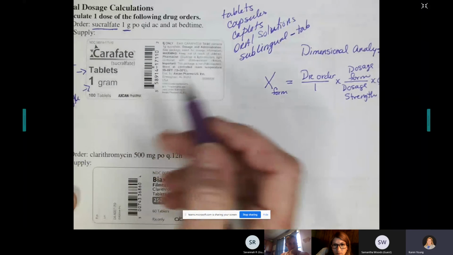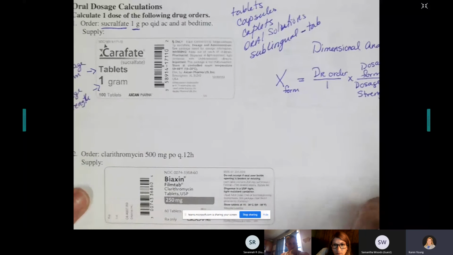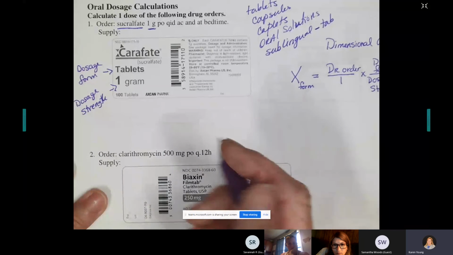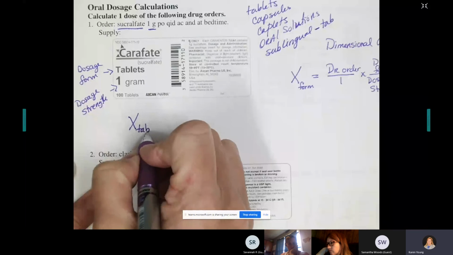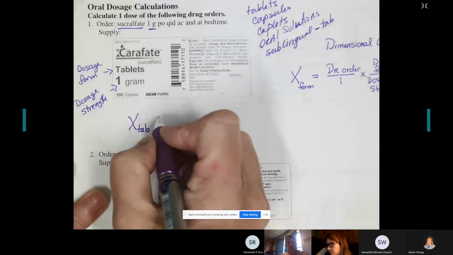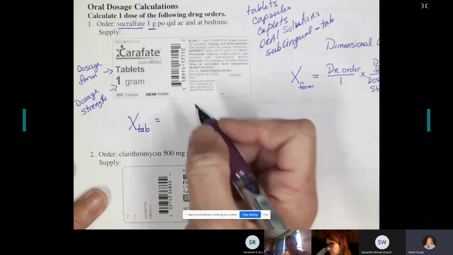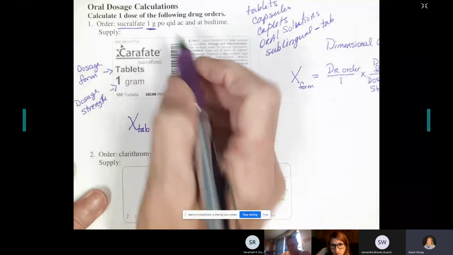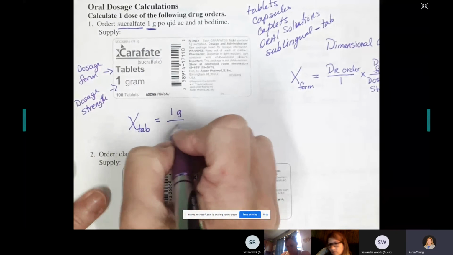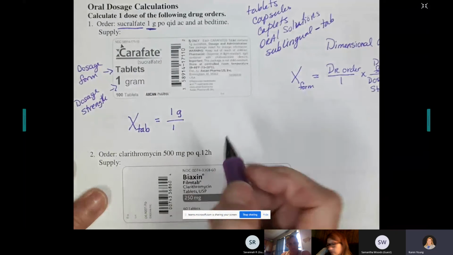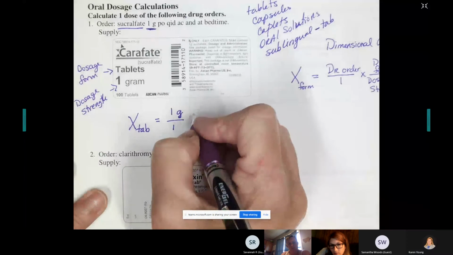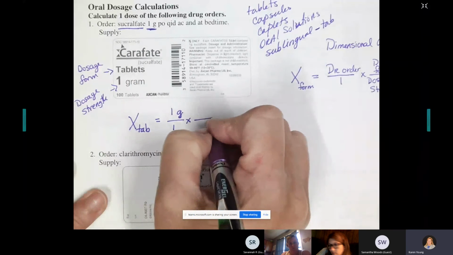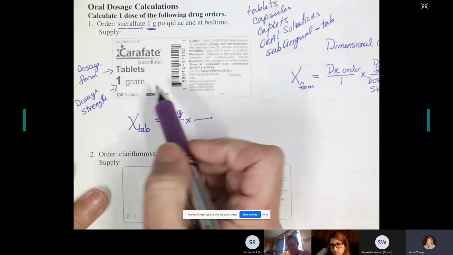So to work this, it's in tablets, so I'm going to look for the number of tablets I'm giving. It's going to equal my doctor's order of 1 gram. I always put that over 1. Make sure you put your unit of measure in there. Times, and then my supply.